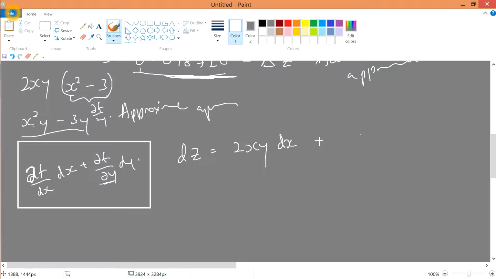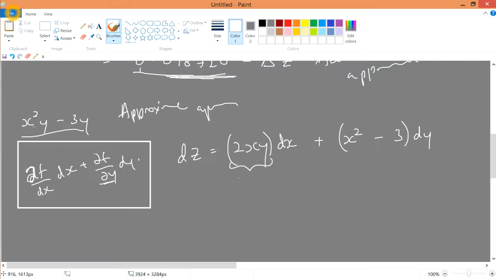So to make it clear, this term is partial f partial x. This term is partial f partial y. I'm just taking this term and differentiating in terms of x and y.